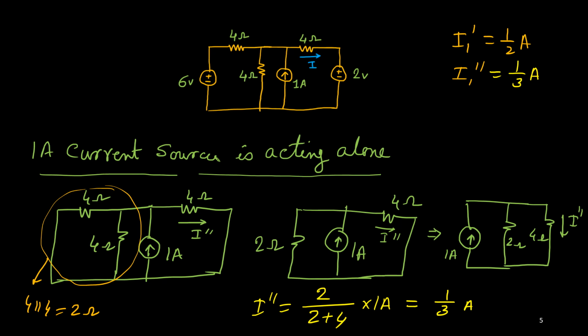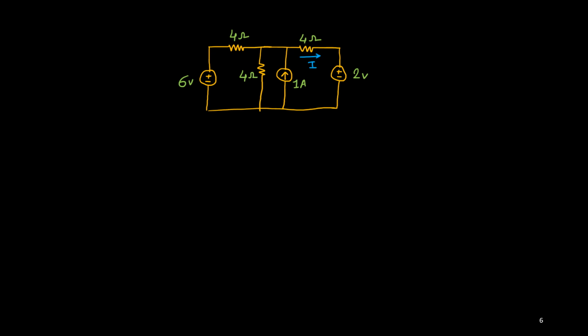Now last one, when 2 volt source is acting alone. So what we have got: I prime we have got half ampere, I double prime we have got 1/3 ampere, and I need to calculate I triple prime when this 2 volt source is acting alone.